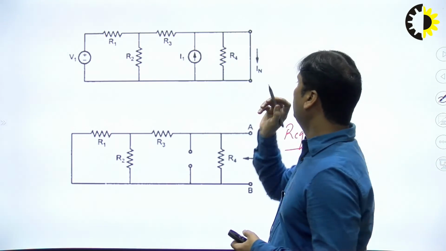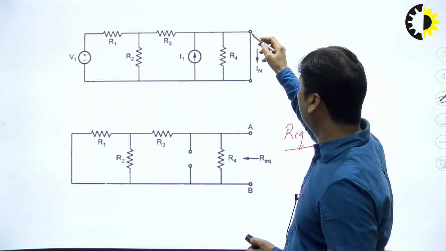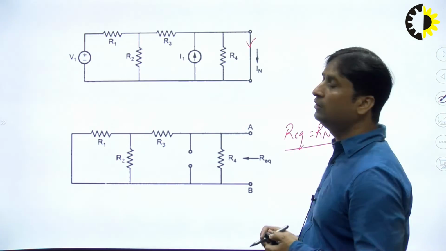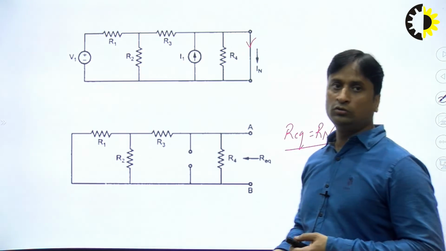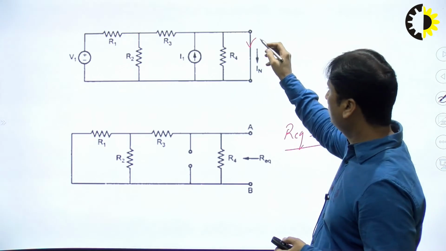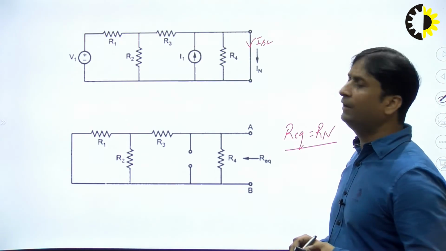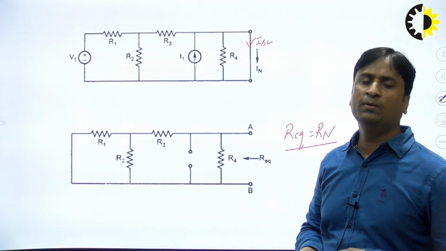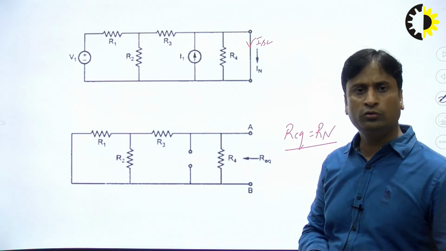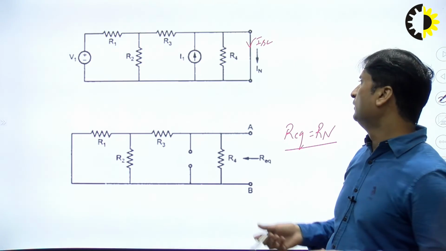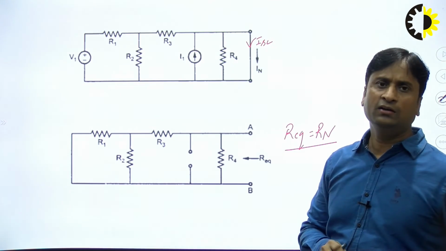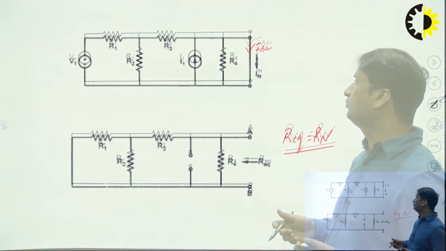Now, the important part is how we can find the value of IN, which is called the Norton current. The Norton current is a short circuit current. Basically, it can be calculated by any simplified technique, maybe nodal equations, KVL, or KCL, so that we can determine the value of current through the branch which we have short circuited.